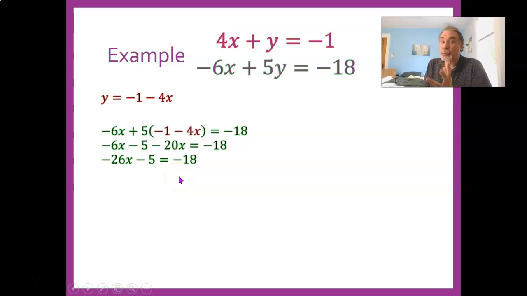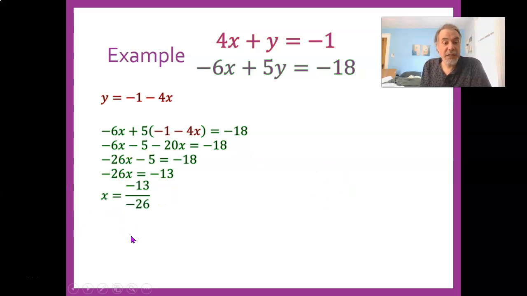I can add 5 to both sides to get rid of that minus 5, undo subtraction with addition. So negative 26x equals negative 13. And now to go from negative 26x to just plain x, divide both sides by negative 26.